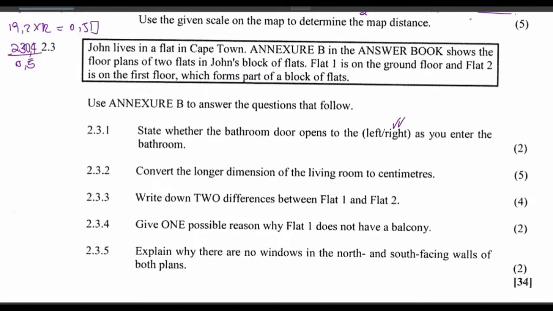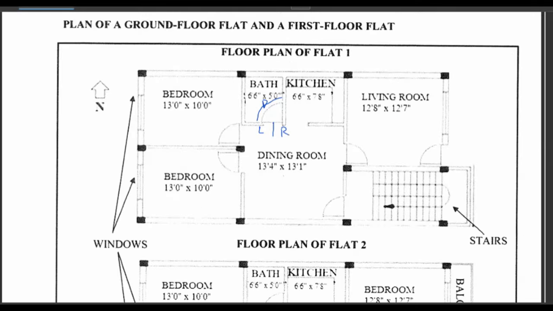Convert the longer dimension of the living room to centimeters. Let's go to the living room. The living room is here. We have this dimension here, and this dimension. So we are supposed to change this. These are 12 feet and 8 inches.